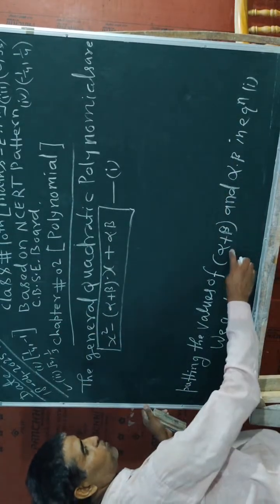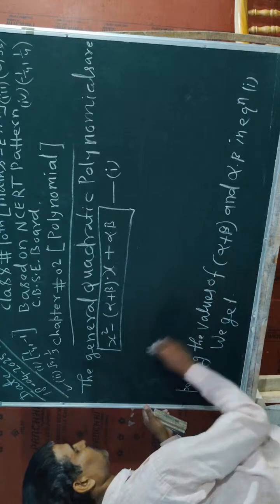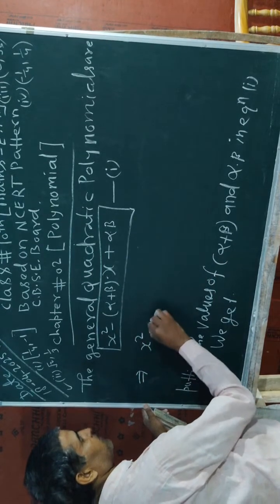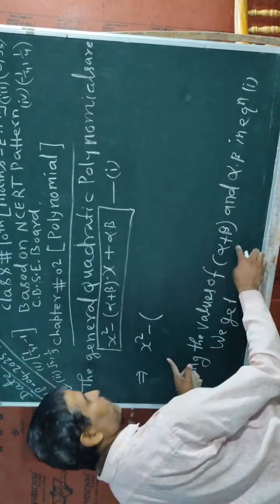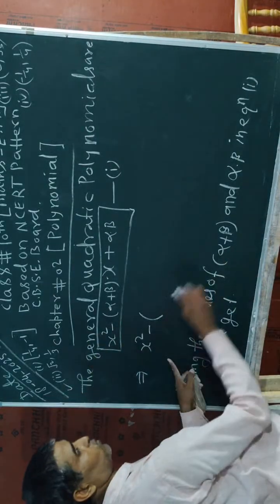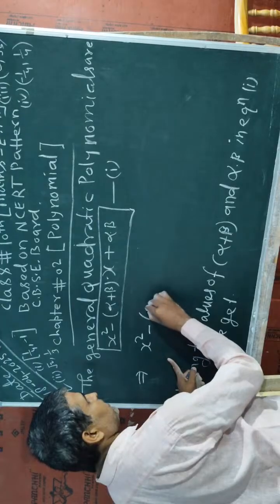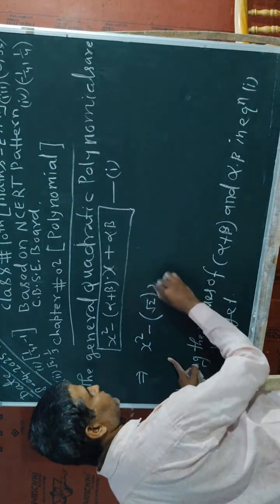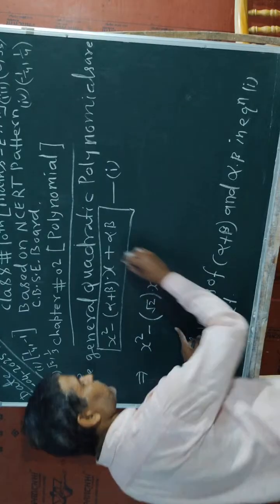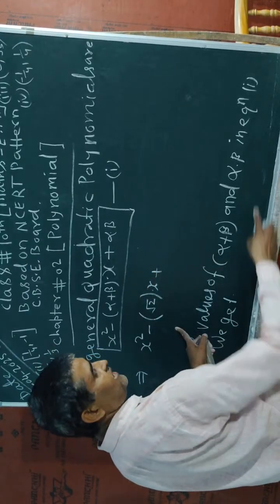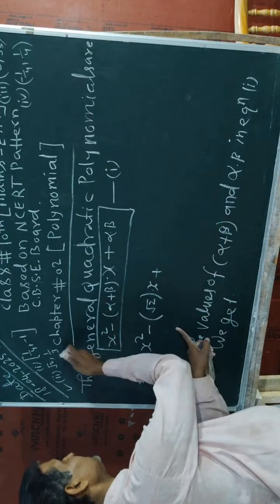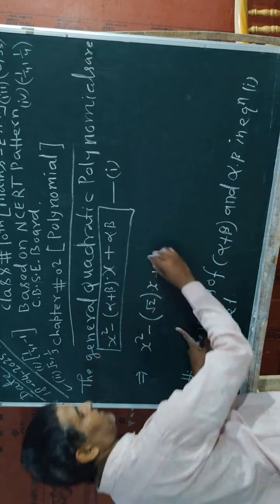So for the value of alpha plus beta, here I will write x square, in the bracket I will write alpha plus beta, that is equal to root 2, because I have erased the data here, and the bracket is closed, and here the plus sign is available. I will put plus sign and alpha into beta. Here I have erased, and now that data is available, 1 by 3.